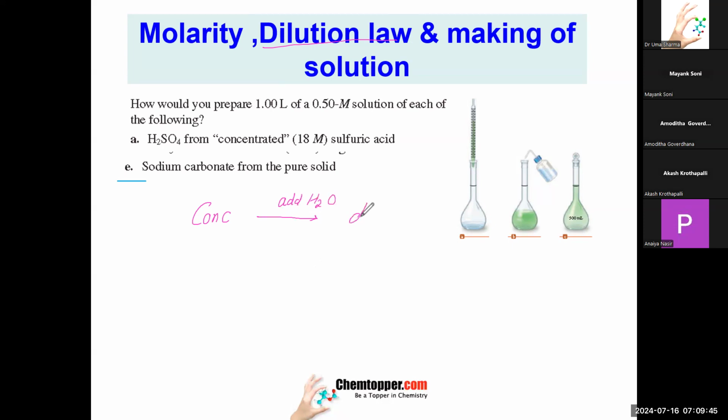You get a diluted solution. What is the meaning of concentrated? High molarity. Yes, very good, Mayank. High molarity. And diluted means low molarity.